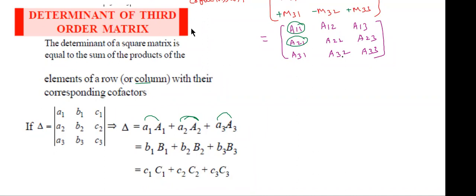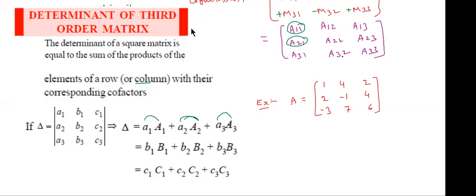Now I am going to take one example. A is equal to, take one matrix, a 3 by 3 matrix. I am writing here 1, 4, 2, 2, minus 1, 4, minus 3, 7, 6.